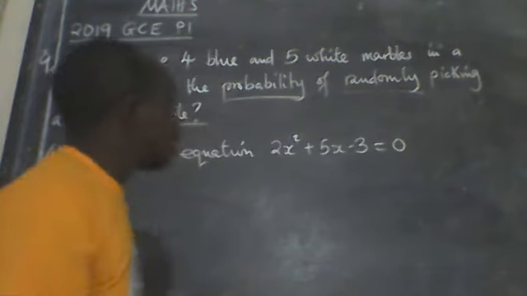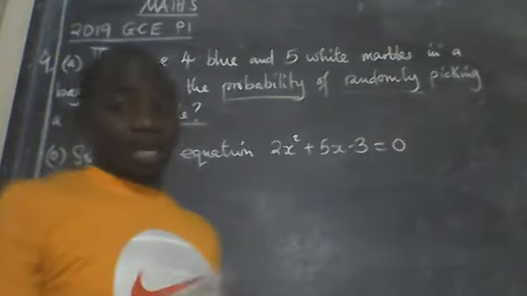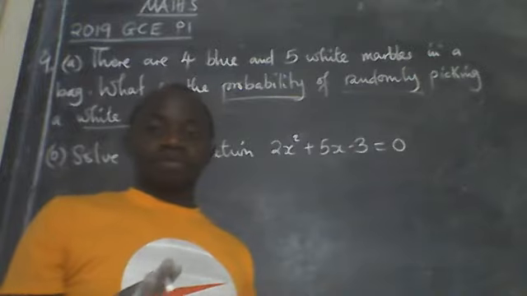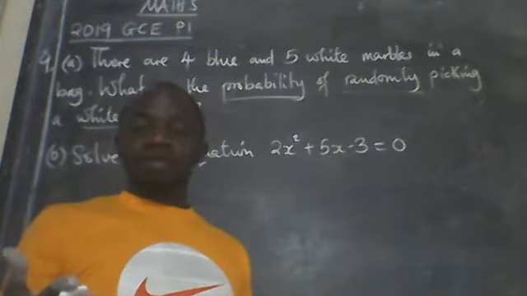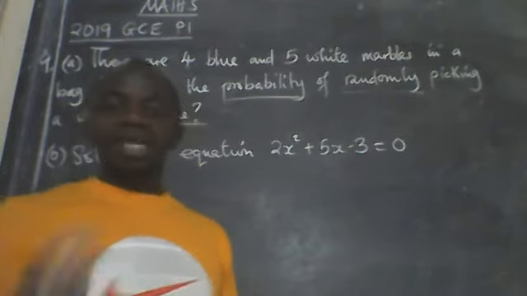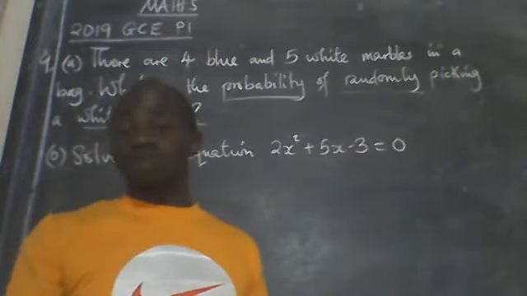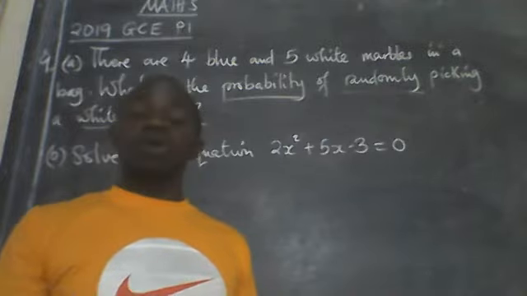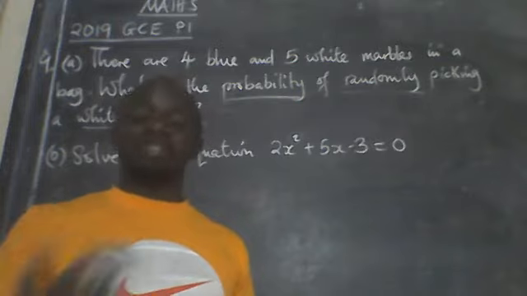Okay? So looking at the paper 1 type of quadratics, mostly you can use factorization or the completing the square method.